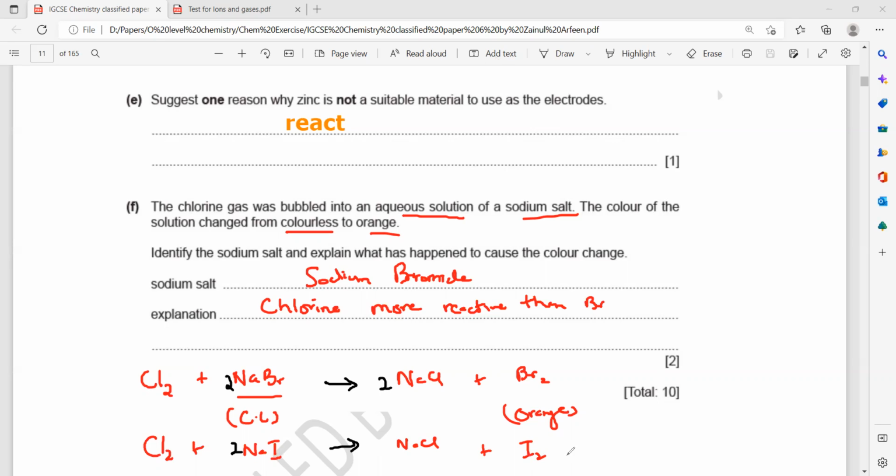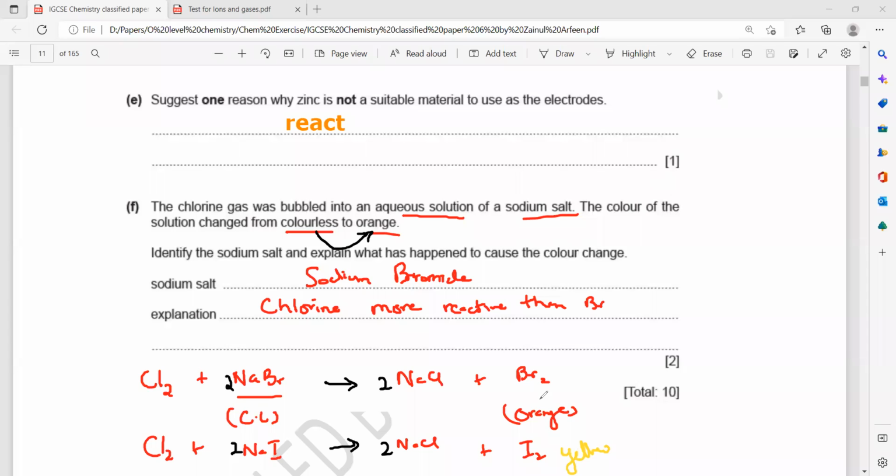If an iodine molecule is formed, this will be yellow in color. So if the same question mentions that when we bubble chlorine gas through a sodium salt solution it changes from orange to yellow, in that case it will be sodium iodide. If they mention it changes from colorless to yellow, then it will be sodium iodide. If it changes from colorless to orange, it means it is bromine.